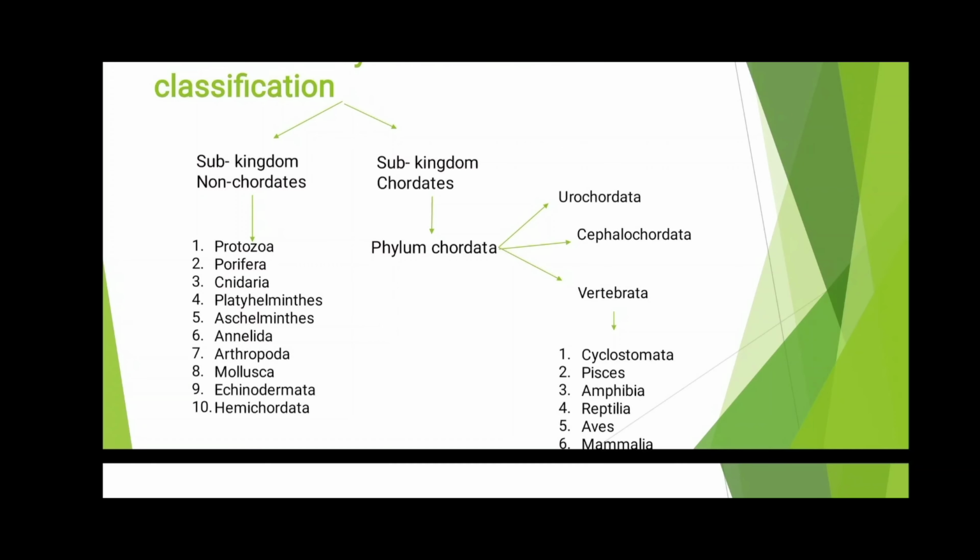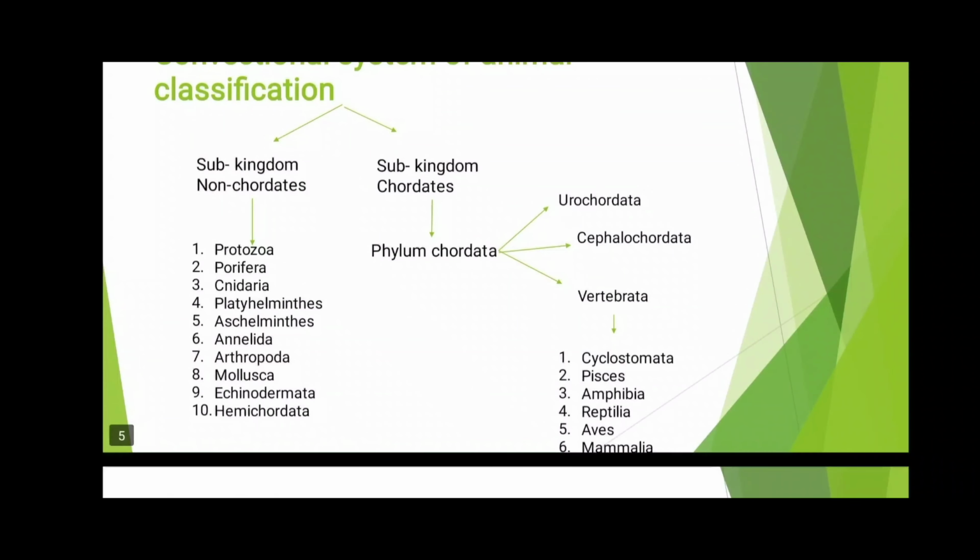These animals are unisexual. Remember examples: Ascaris, Wuchereria, Loa loa, also known as the eyeworm.